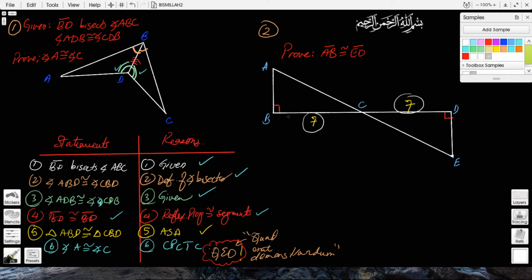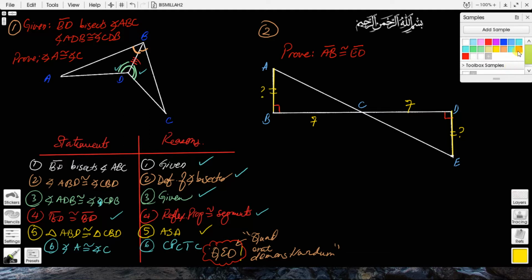That means AB and CD are congruent, basically. And then we're asked to prove that AB, which is this one over here, is congruent to ED, which is over here. So that's what we were asked to prove.